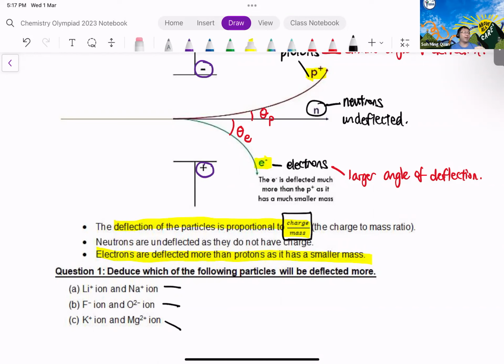Okay, 10 more seconds. Think through what's the mass, think through what's the charge. Remember, the deflection is proportional to charge over mass.